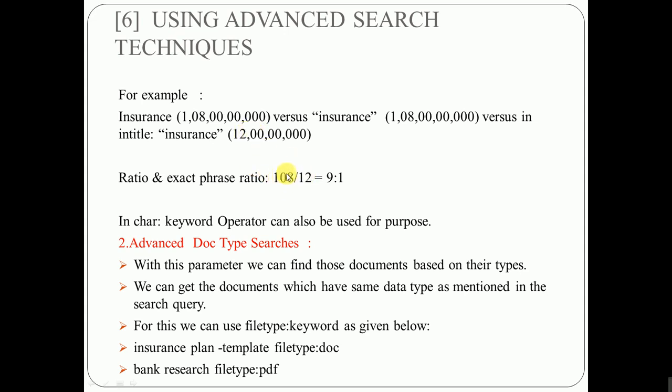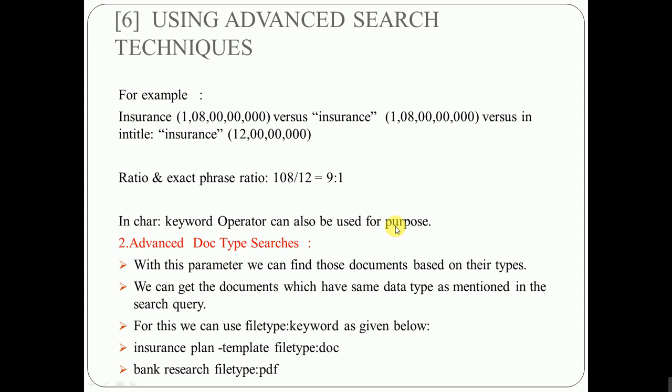And if you calculate the ratio, then you will get the ratio 9:1. So the keyword operator can also be used for this purpose if you want to use it. So these are the things you can use in a particular search technique.